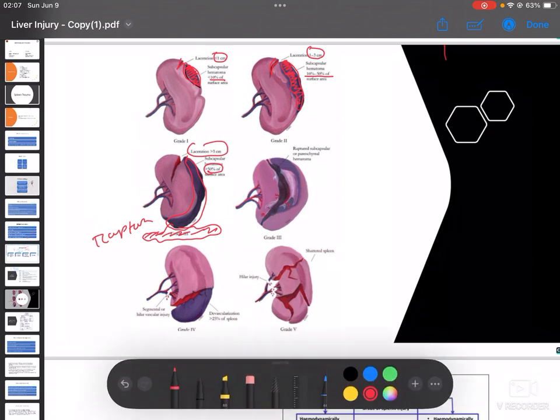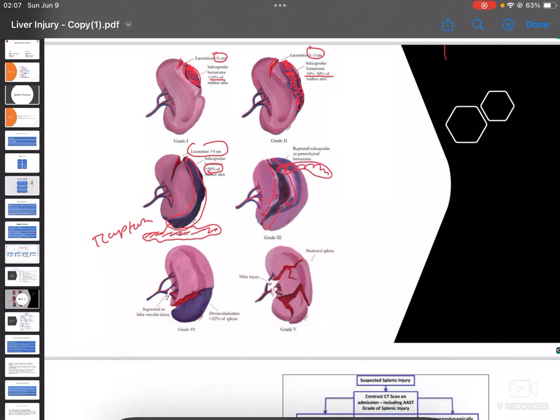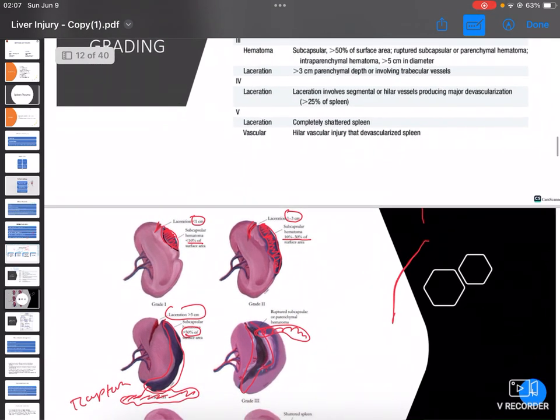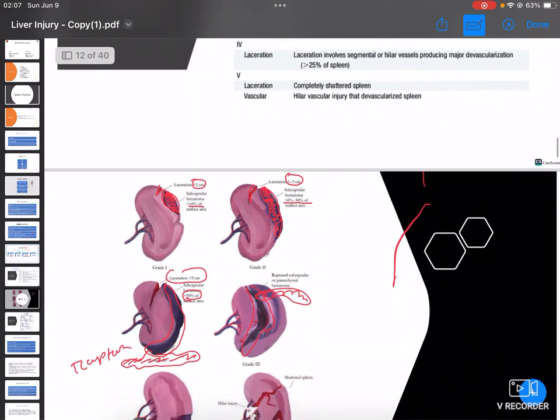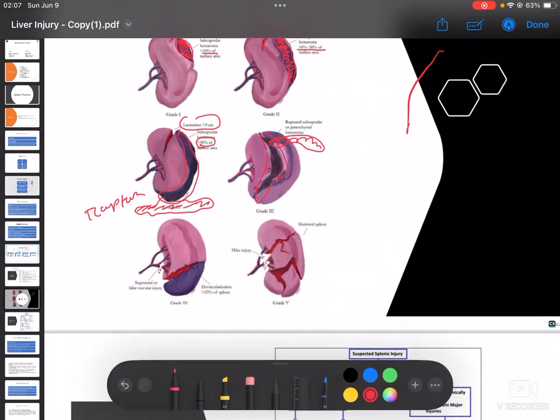This is also a ruptured subcapsular parenchymal hematoma. For laceration involving segmental or hilar vessels, producing major devascularization, here the segmental vessel is torn and there is major devascularization.